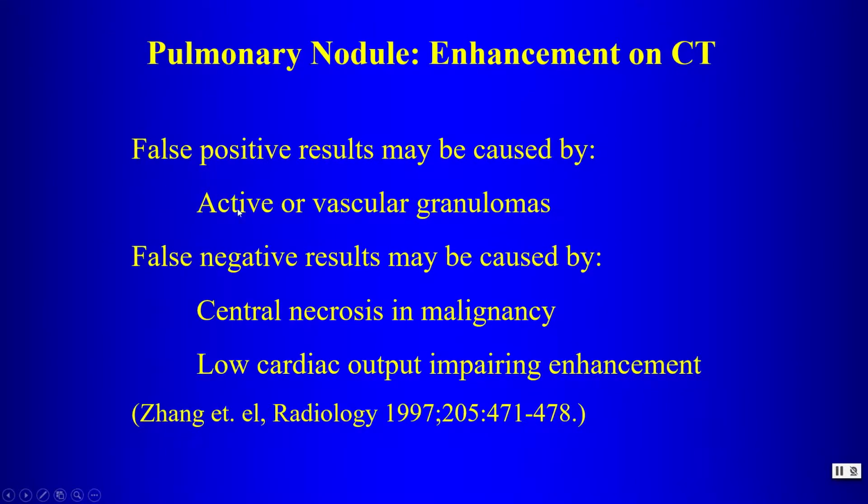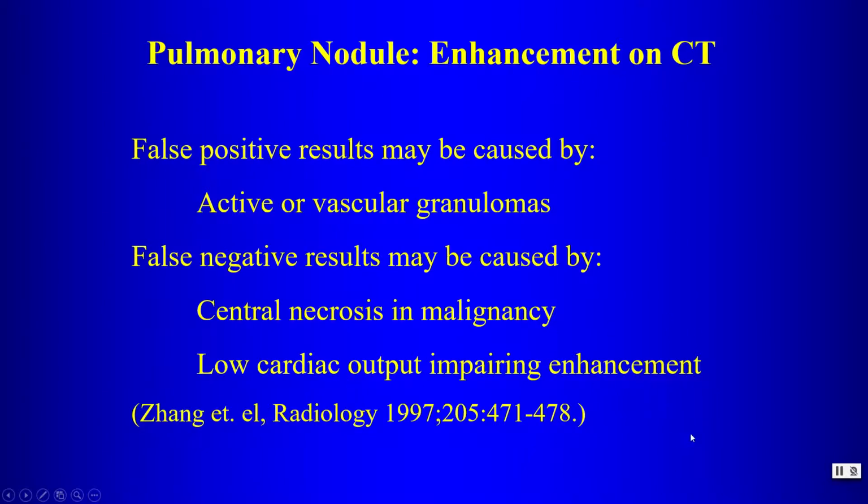Now, you can have false positive results. There are benign lesions like active or vascular granulomas that can enhance with contrast. You can have false negative results. If you have central necrosis and a malignancy, hopefully you'll recognize that this represents a necrotic area within a tumor. Also, low cardiac output might impair enhancement.